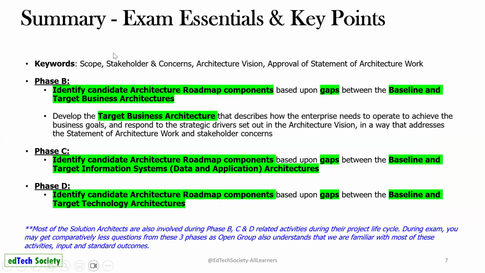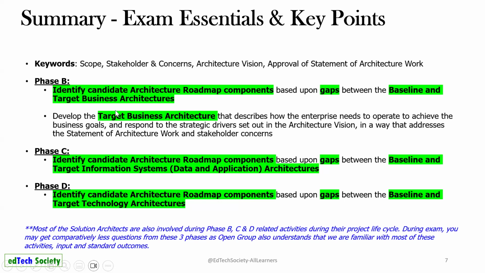To continue with the exam essentials and key points we discussed for phases B, C, and D, the primary points are these. For phase B, identify candidate architecture roadmap components based upon gaps between the baseline and target business architecture.